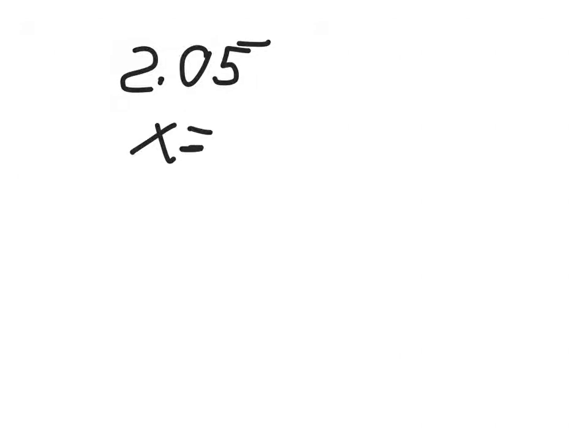So I have 2.05 as my horizontal value. Okay? Now I have a formula that says x is equal to mu plus z times sigma.